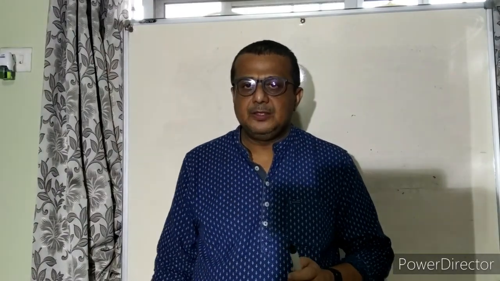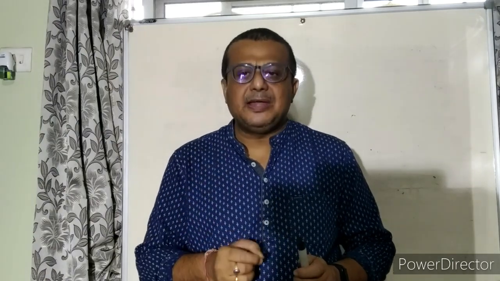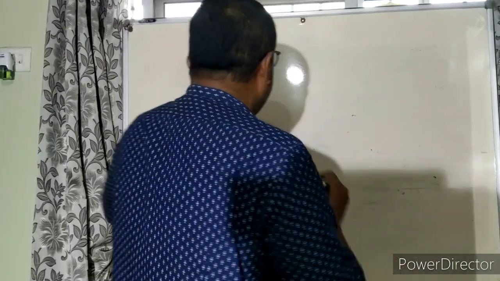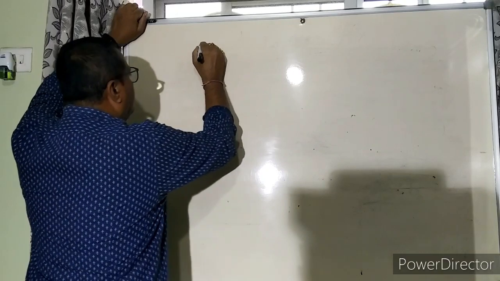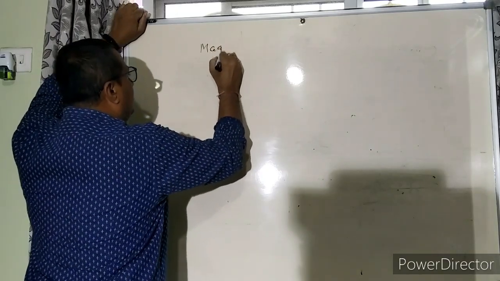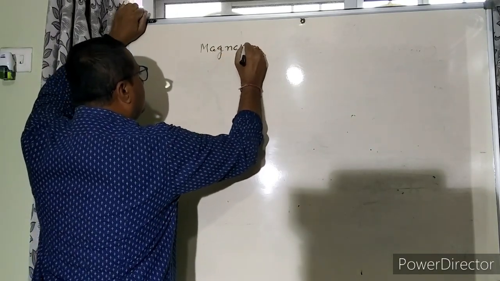That idea was, if a charged particle moves in a magnetic field with constant velocity, then the charged particle will experience a force called magnetic Lorentz force. So the next topic is magnetic Lorentz force.